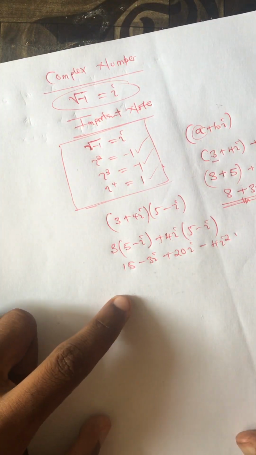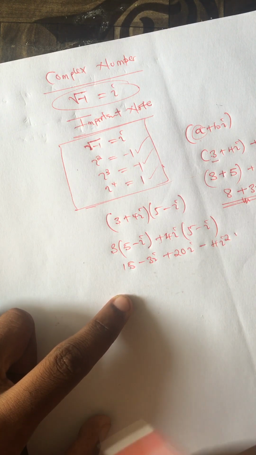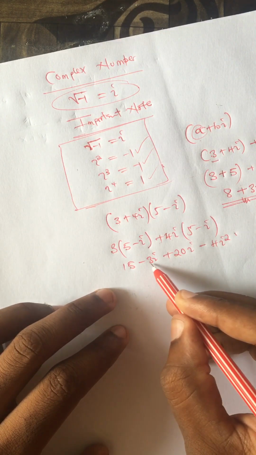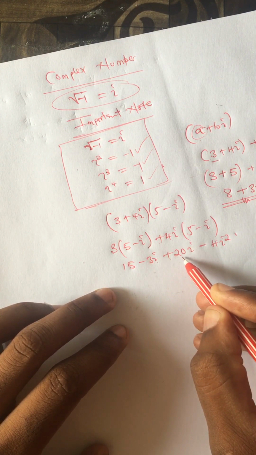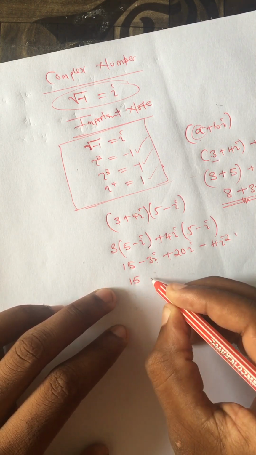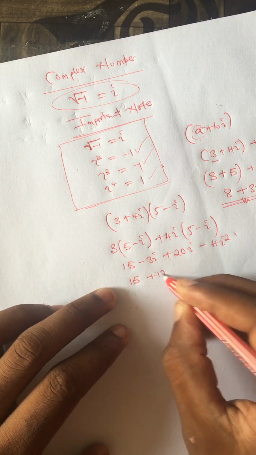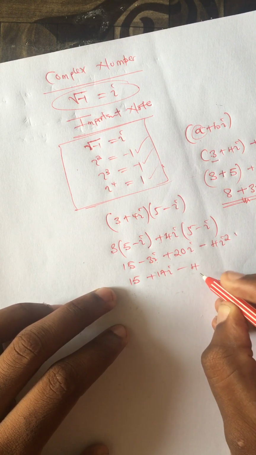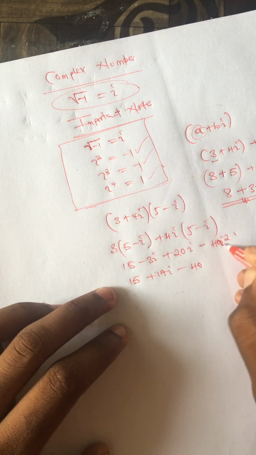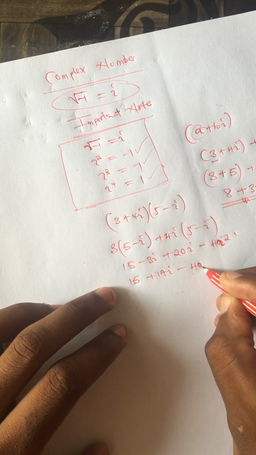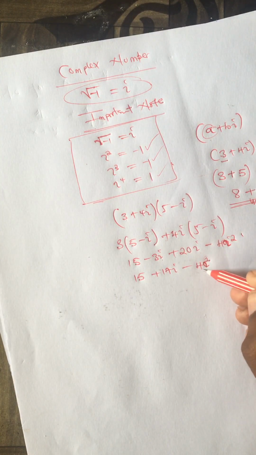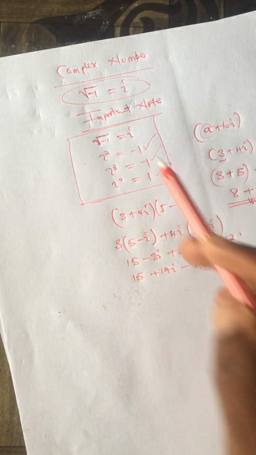Then from there, you can add up the like terms. Negative 3i plus positive 20i are like terms, so they can be added. So 15, then if you add these, they give you positive 17i, then minus 4i squared. All right, then you know that i squared is negative 1.